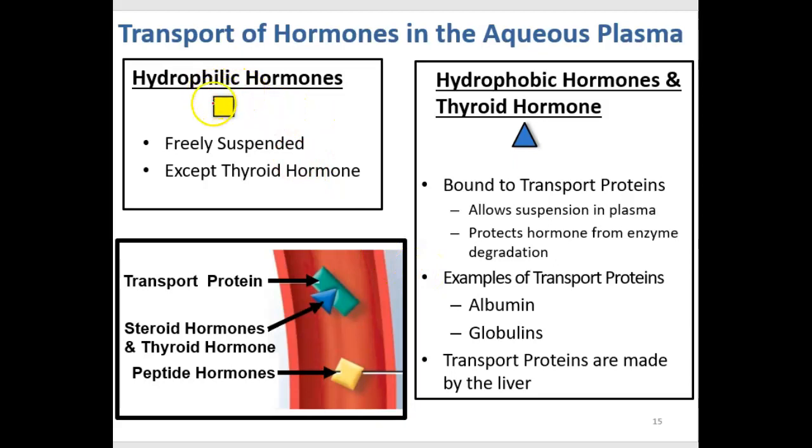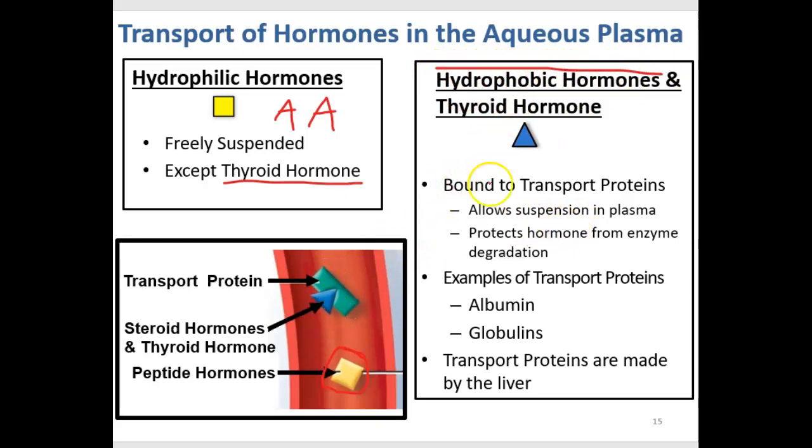The amino acid based hormones that are hydrophilic have no problem. They are freely suspended individually in the blood plasma, and the square is supposed to indicate an amino acid or hydrophilic hormone. There is one exception though, and that's thyroid hormone. It needs a transport protein because otherwise it clumps up together, much like hydrophobic hormones do.